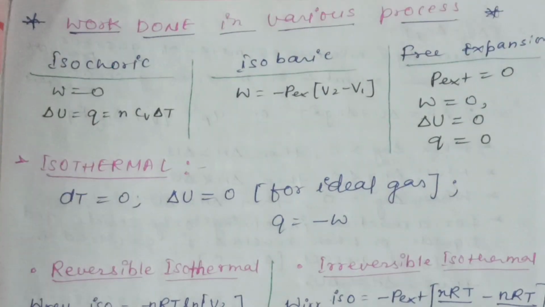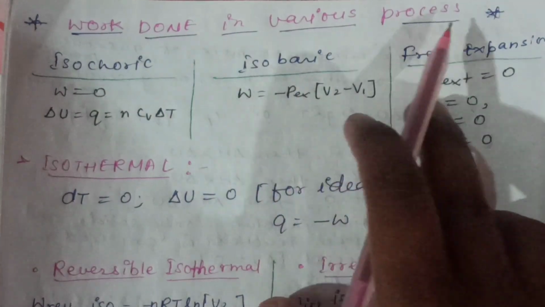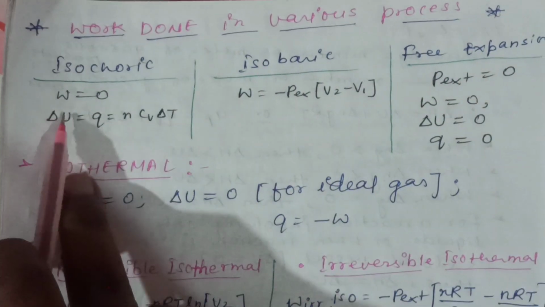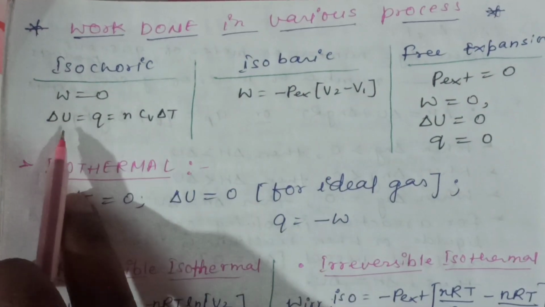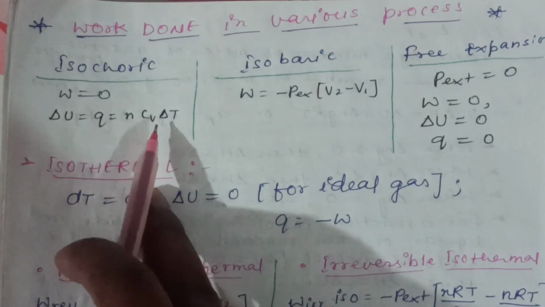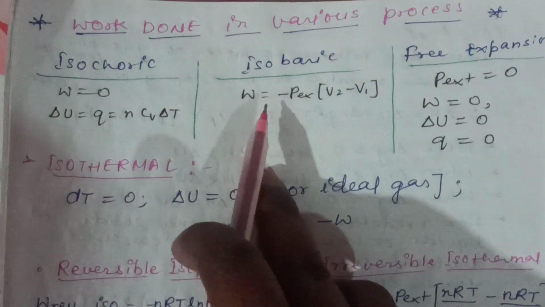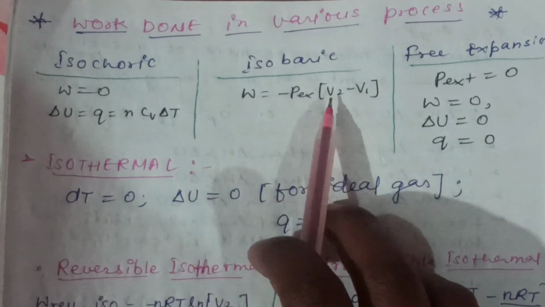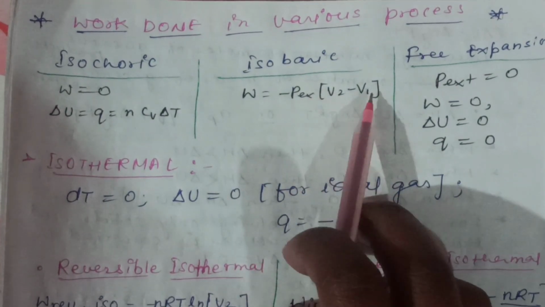Now, work done in various processes: isochoric, isobaric, free expansions. Isochoric: W is equal to 0, del U is equal to Q is equal to n Cv del T. Isobaric: W is equal to negative P external times (V2 minus V1).